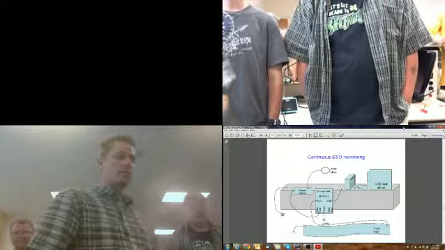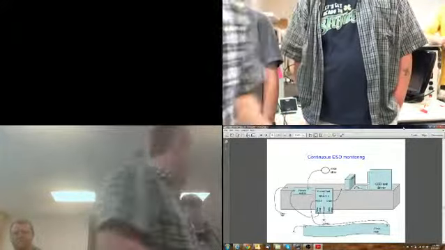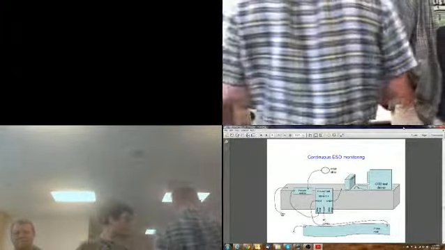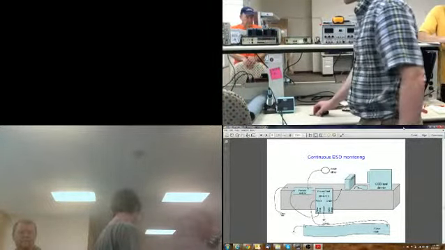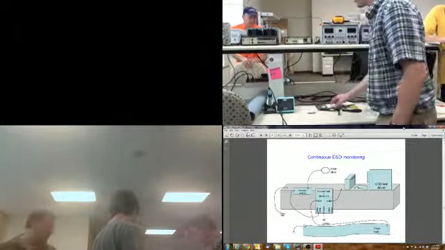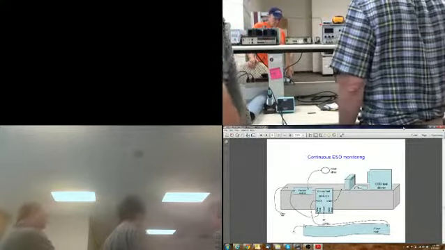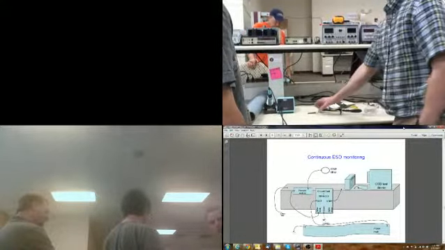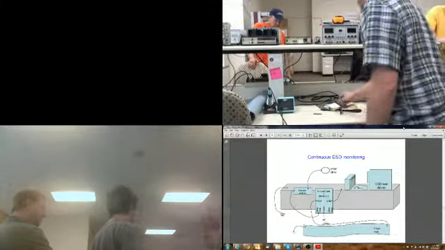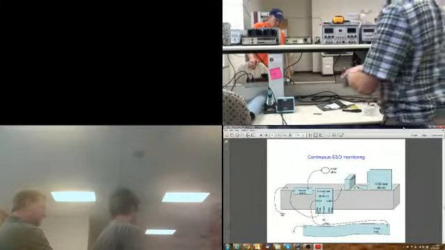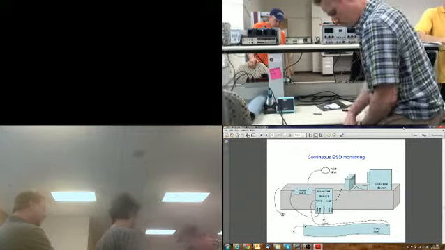And the typical procedure, for example, let me get right here so the camera can see it. If I had this component laying here on the bench, and I wanted to move this component over to another workstation to work on it, the procedure would be that you put on your wrist strap.